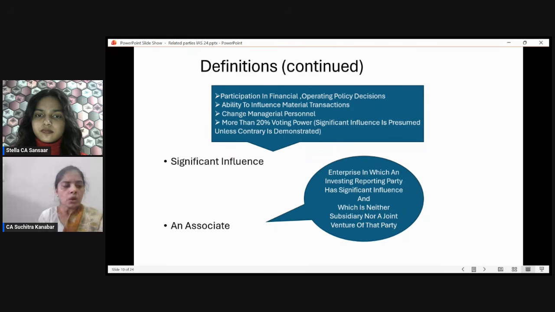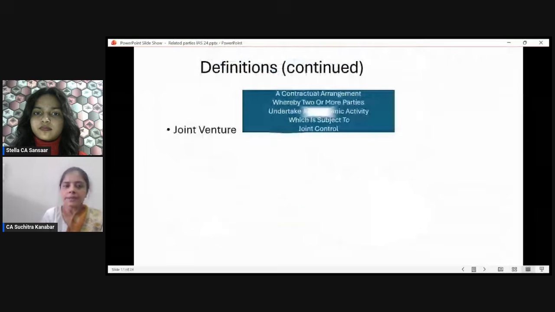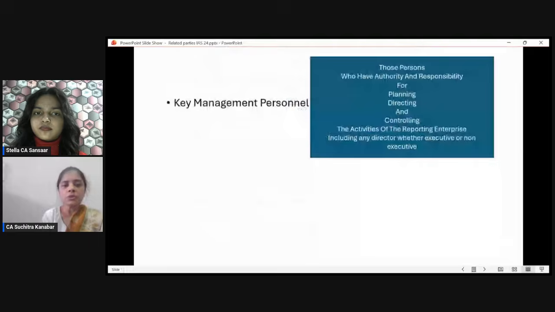So, in the books of SAN Limited, R and S Limited both are required to be reported because of significant influence. In the books of R Limited, only SAN Limited will be shown as a related party, and in the books of S Limited, only SAN Limited would be shown as a related party. Got it? Now let's go on to the definitions which we were continuing.